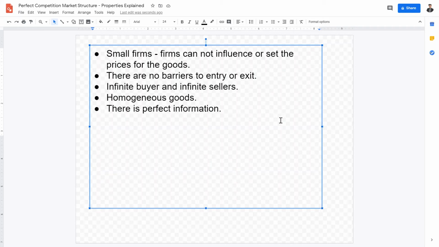However, there are some industries that come really close to a perfectly competitive market structure. For example, the dairy industry comes really close, or the corn producing industry, so the agriculture industry.